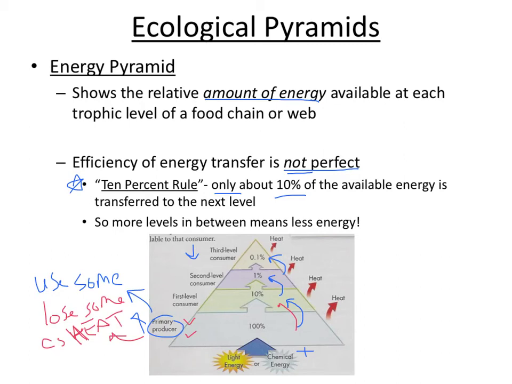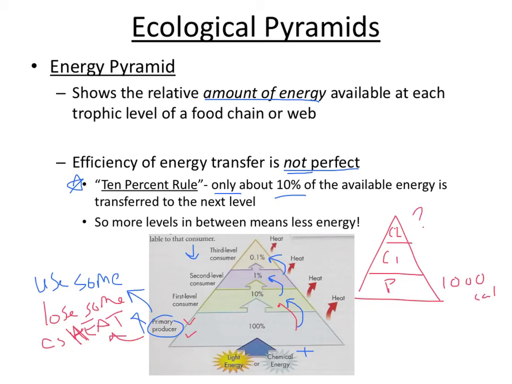Now, we can do math problems like this, and you see some of those in that packet that you have. So let's say I've got a producer, I've got consumer 1, I've got consumer 2. If I start out and say, hey, there are 1,000 calories of energy in the producers here, how much energy is in the consumers?